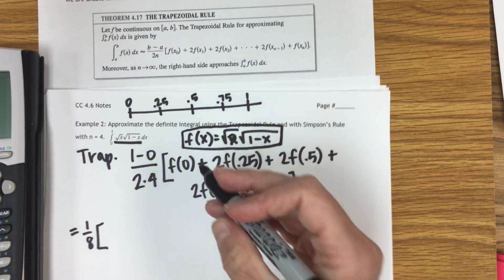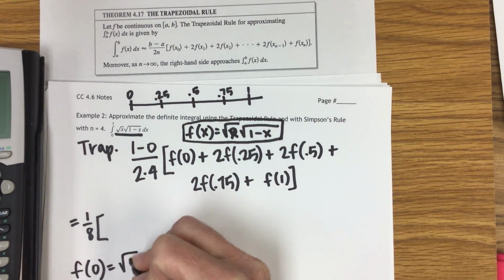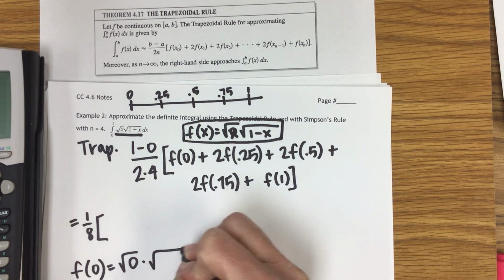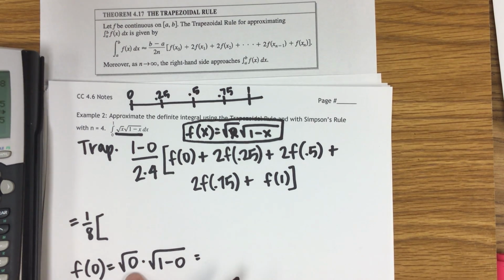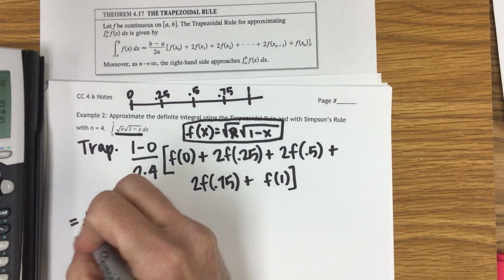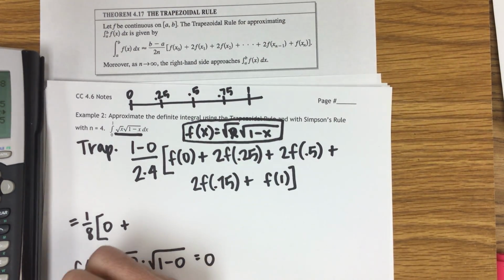So f of 0 is going to be square root of 0 times square root of 1 minus 0. So square root of 0 is 0, and 0 times anything is 0. So f of 0 is 0 plus. Now I'll do f of 0.25.